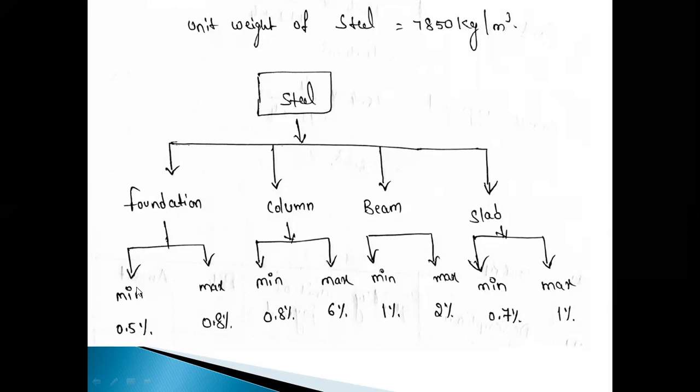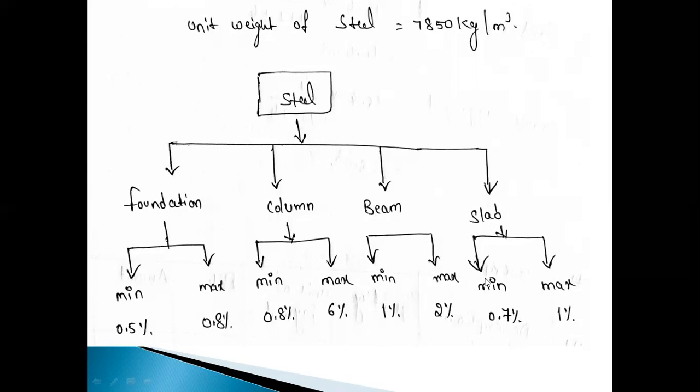So foundation, minimum 0.5 percentage steel is used, and foundation maximum 0.8 percentage steel used. Next one, column. Minimum 0.8 percentage steel used in column, maximum 6 percentage steel used in column. Next one, beam. Minimum 1 percentage, maximum 2 percentage steel used in beam.